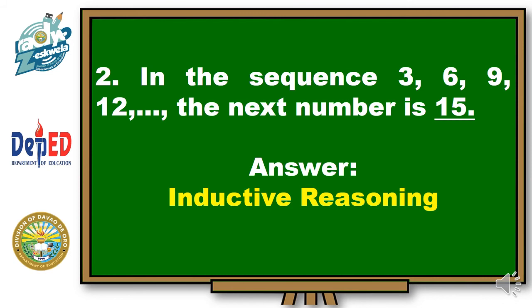Because the statements first gave an example of a sequence before asking the next term. So from general to the specific term being asked. And that's the end of our second activity.